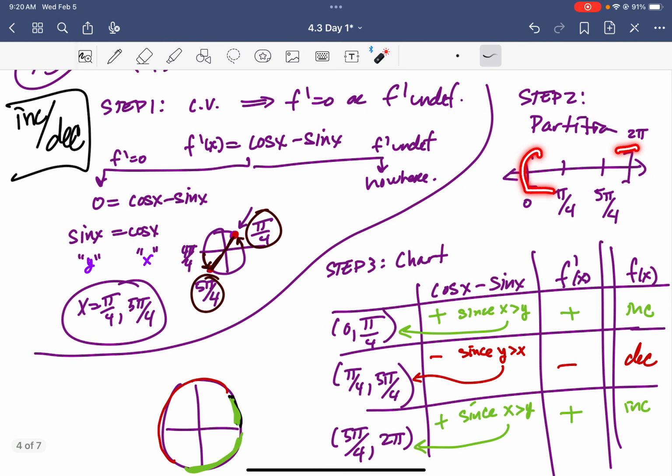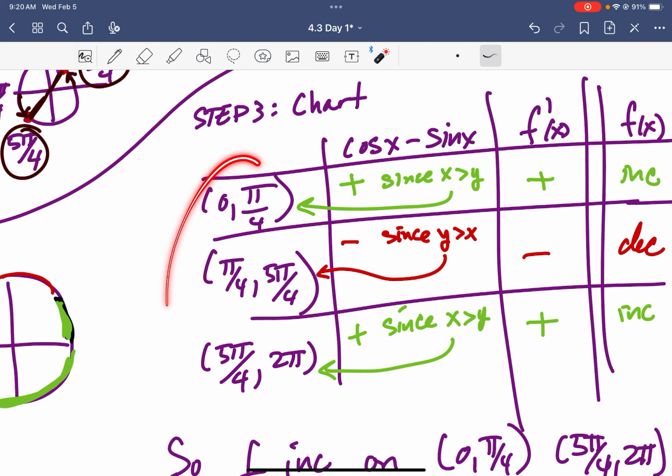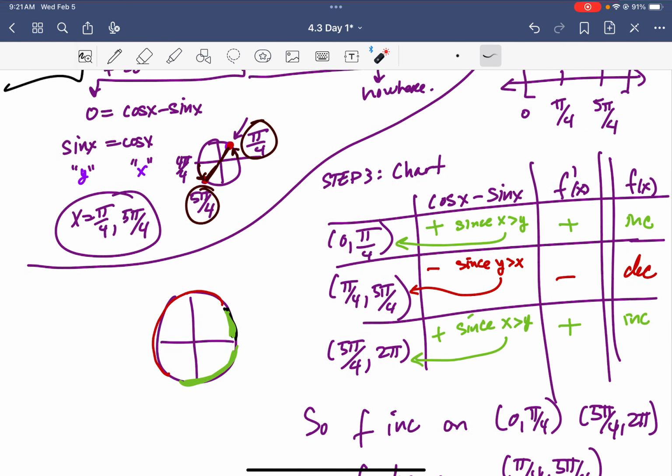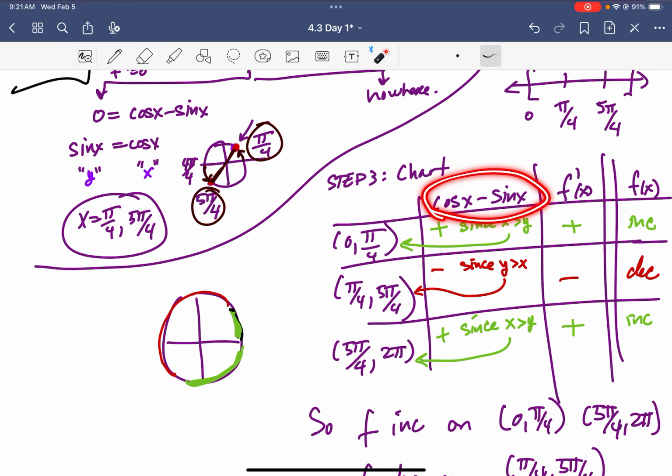So when I take my interval 0 to pi over 2 and make 2 cuts, I get my 3 pieces, and these are my 3 intervals. Well, then I just look inside each interval and say cosine minus sine, what's going on there? Again, this is my x-coordinate minus my y-coordinate. So if I look over here from 0 to pi over 4, I think it's pretty clear if I take an extreme example like this, that your x-coordinate is bigger than your y-coordinate in here.